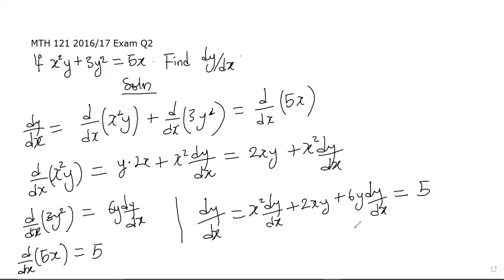Understood? Okay, that's if you bring all of them together. So rewriting that expression, you have x squared dy/dx plus 2xy plus 6y dy/dx equals 5.